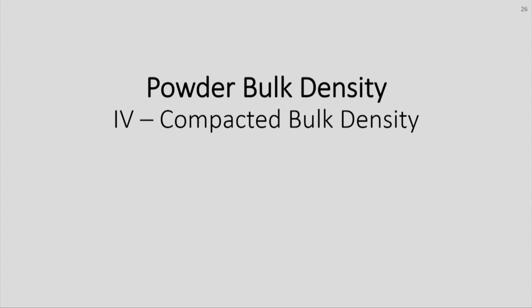Whoever gives an answer in the next 1 minute will get a chocolate. You'll have to think more. It's not a straightforward answer, but we'll talk about that in the Hausner ratio lecture too. Okay. Any thoughts? Go ahead. You have. Go ahead. Yeah.